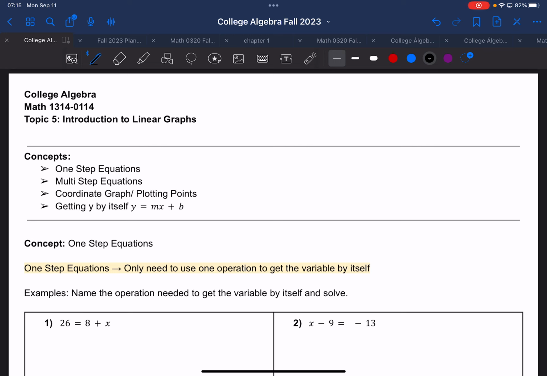And this y equals mx plus b is slope-intercept form. We're going to learn all the forms of linear equations, and you're going to have to remember which is which, especially if I ask you to solve this problem and put it into standard form, or solve this problem and put it into slope-intercept form, and so on.